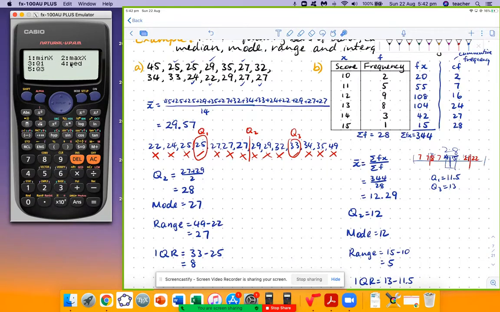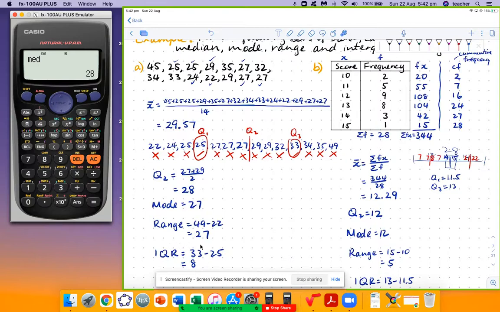So med for median, okay, so if you want to find your median, you're going to press that. If we want the minimum and maximum value, so that's your smallest number and your largest number, and then you've got Q1, which is your lower quartile, and Q3, which is your upper quartile. So 4 is your median, so you're going to press 4, press equals, and you can see it's exactly the same number as we had from before. So that's how we can work out our median.